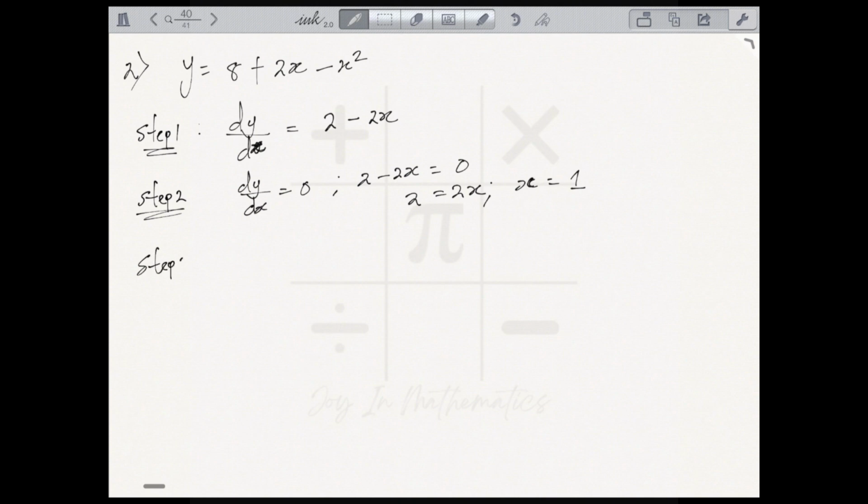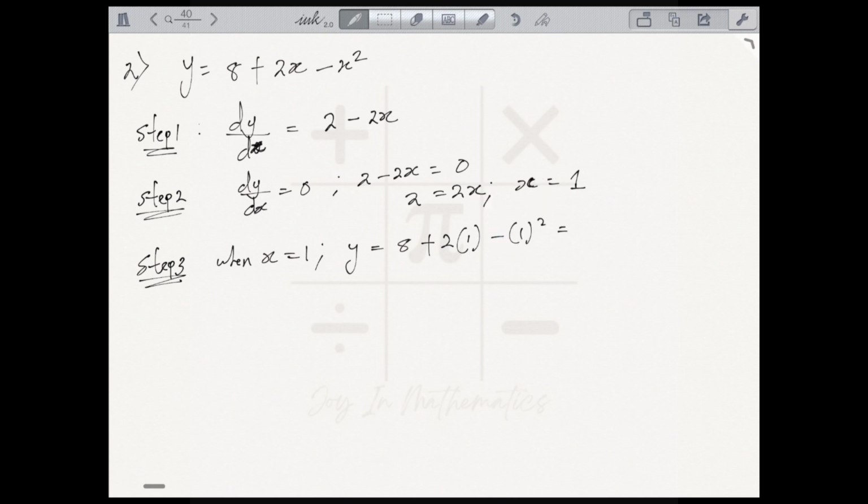In step 3, we are required to evaluate the value of y at x equal to 1. Therefore, when x is equal to 1, we substitute the value of 1 into y. That's 8 plus 2 into 1 minus 1 squared.